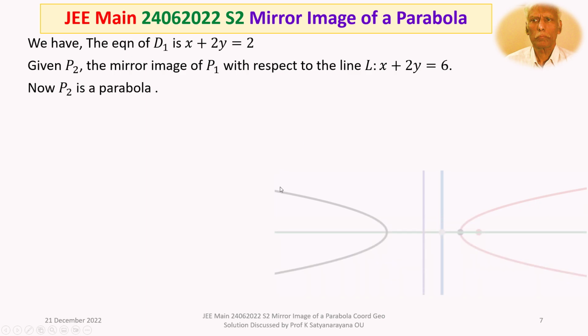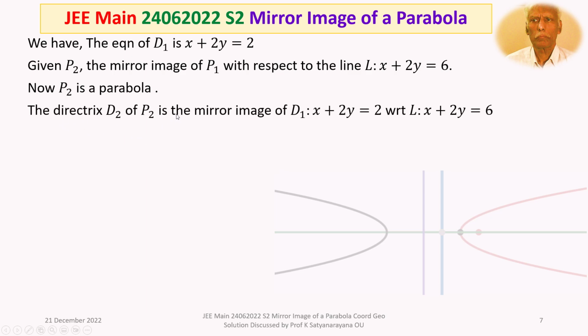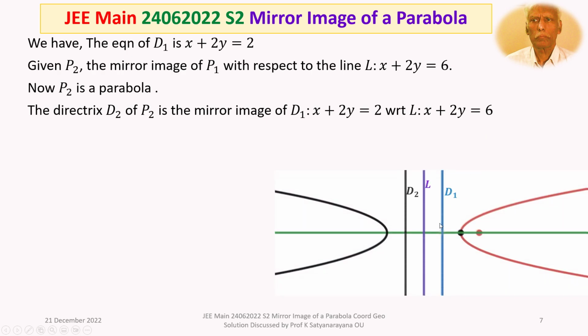And the directrix d2 of P2 is the mirror image of d1, that is x plus 2y is equal to 2, with respect to this line L, x plus 2y is equal to 6. So we have to find the mirror image.